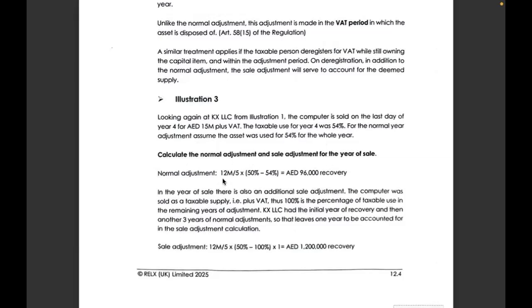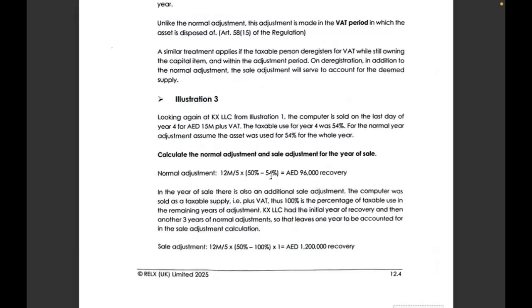First of all, the normal adjustment, it should be easier for us to remember now. Total input VAT on that asset divided by the number of years, and then we had an adjustment quotient which is multiplied by initial usage, which was 50%, minus actual usage, which in this case is 54%. If you really look at it, there was 4% more usage compared to the initial usage.